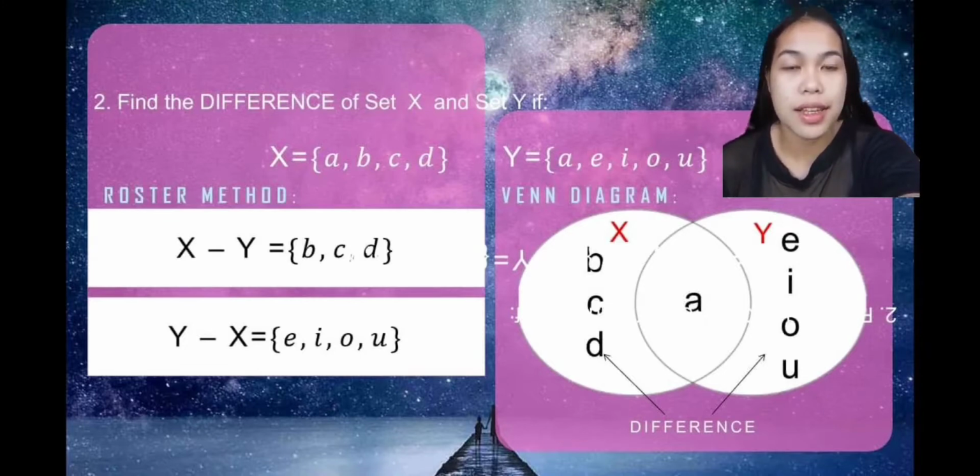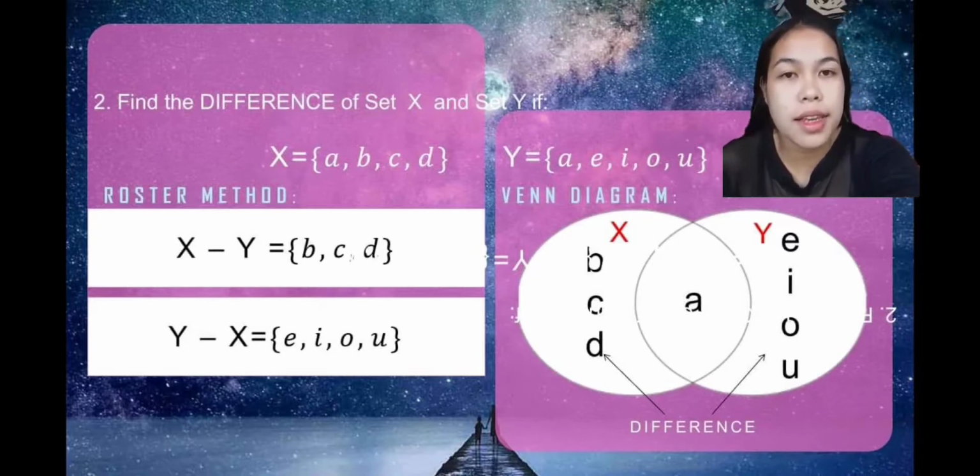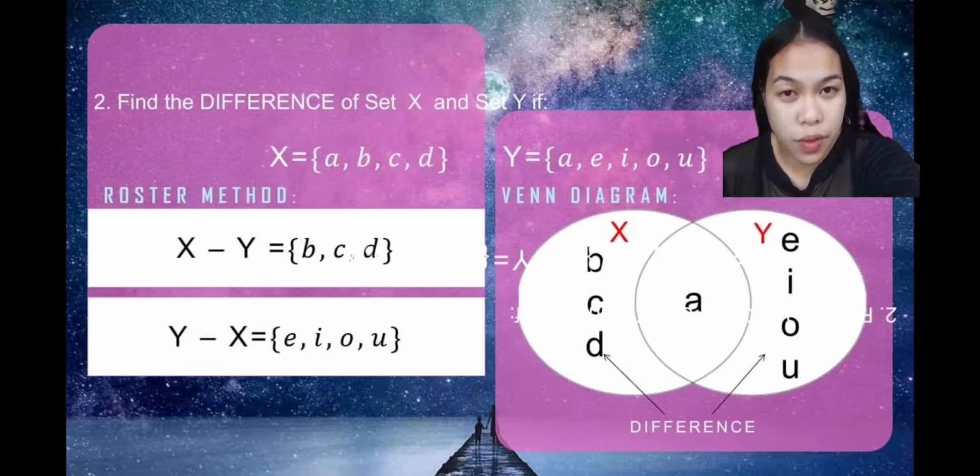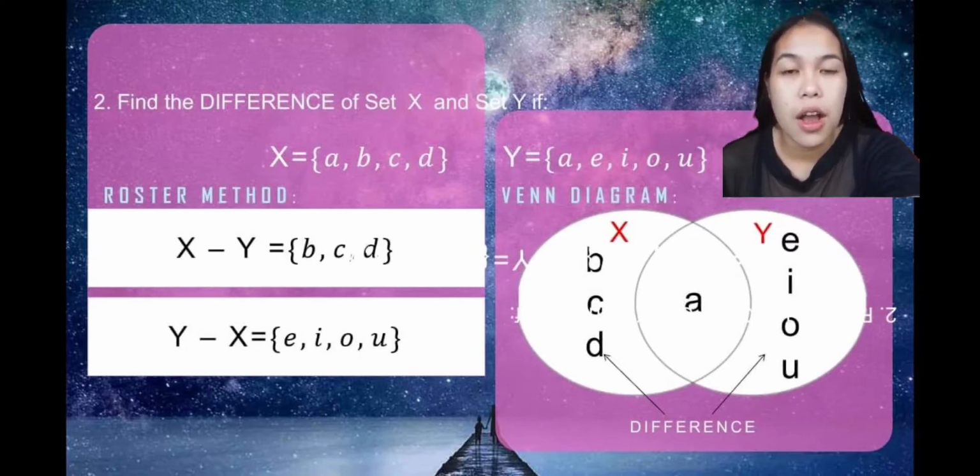As we can see, in the first circle, X contains B, C, and D, while sa second circle, Y, it contains E, I, O, U. This portrays alphabet and vowels. And then the overlapping circle, or it represents the same thing to them, is A.